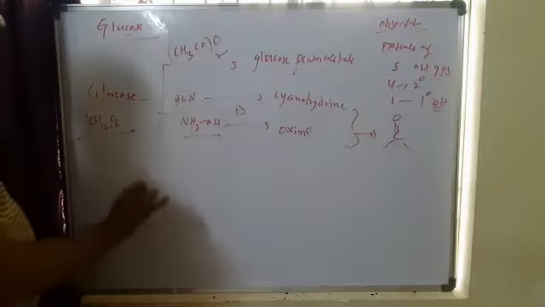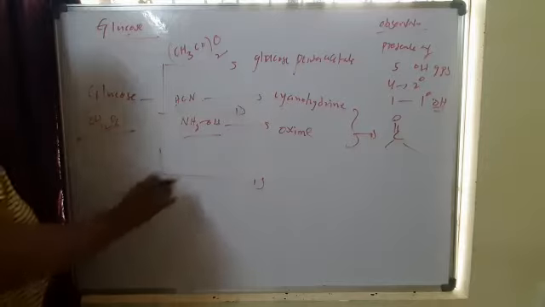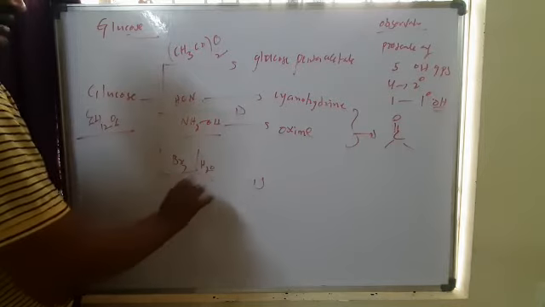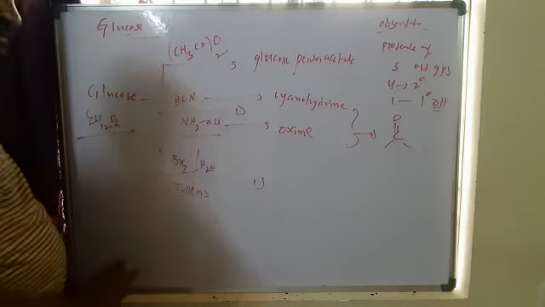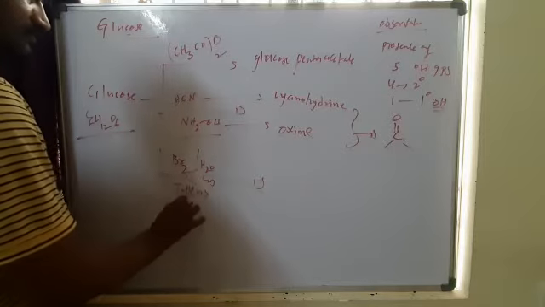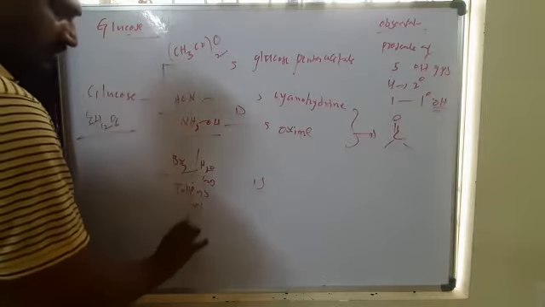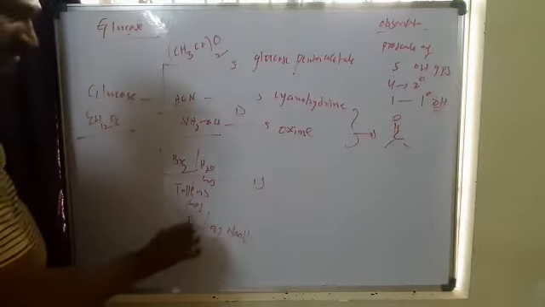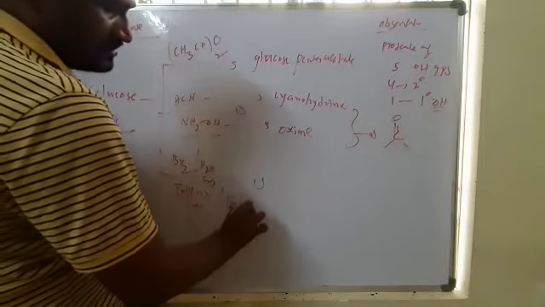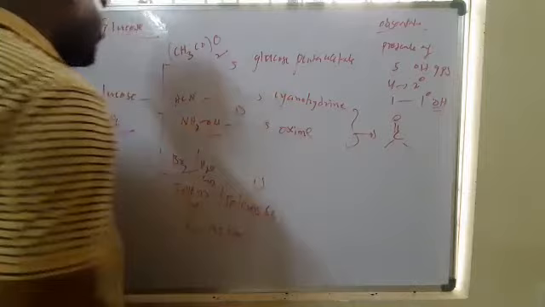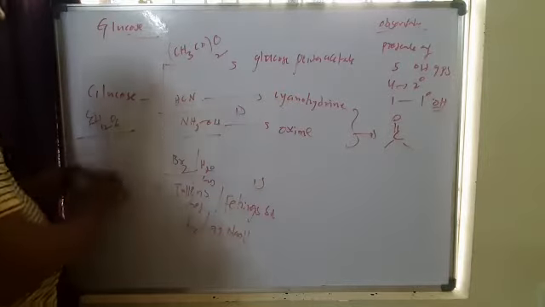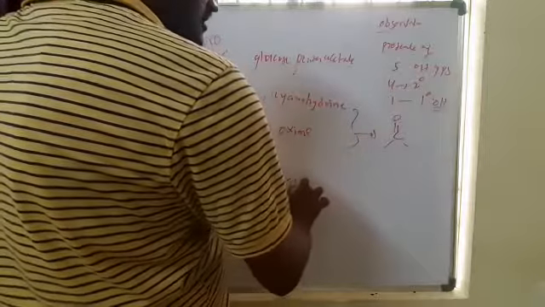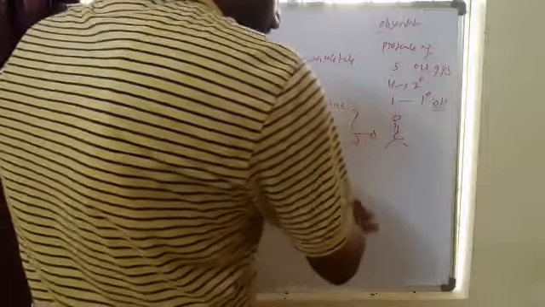Next, when glucose reacts with mild oxidizing agents, bromine in water, Tollens reagent, iodine in the presence of aqueous NaOH base, or Fehling's solution, it forms gluconic acid.